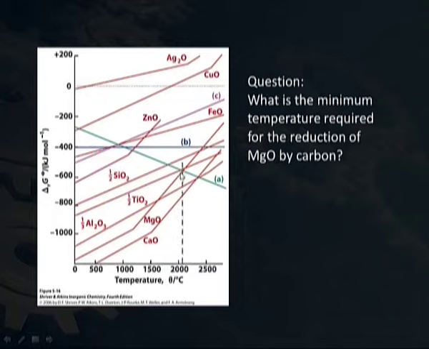If you drop a perpendicular from the carbon monoxide line, you can see that the temperature is higher than 2000 degrees centigrade, and therefore it is very difficult to reduce magnesium oxide with carbon because of the high temperatures required, and you can begin to see why electrolysis is a preferred route for this metal.